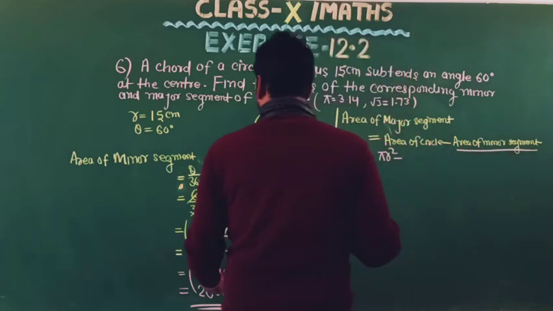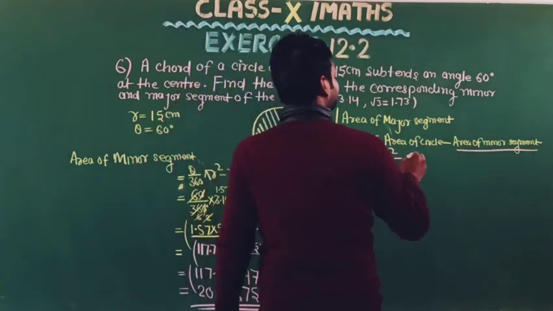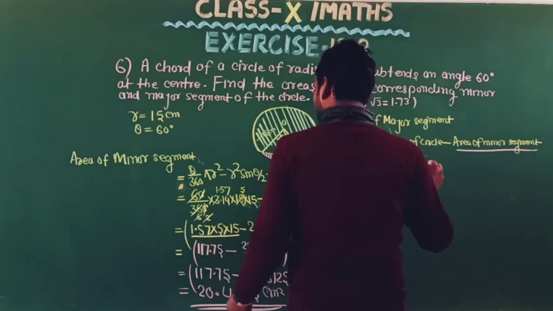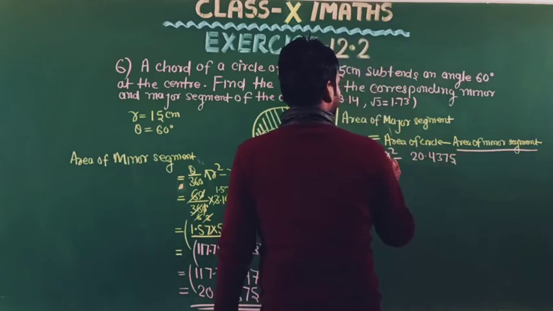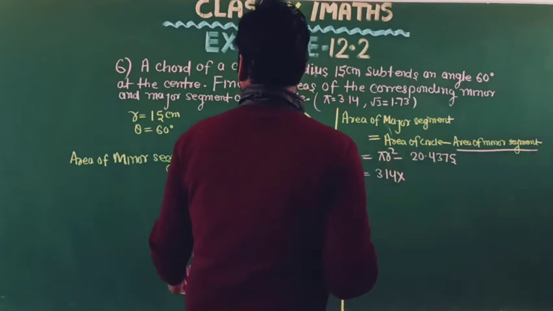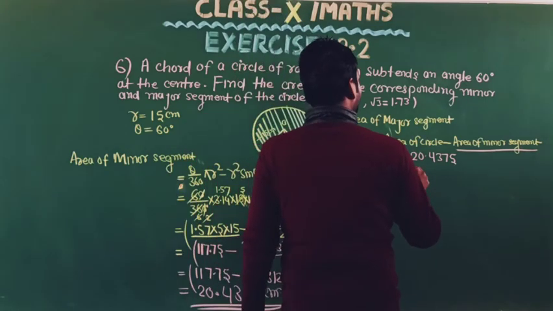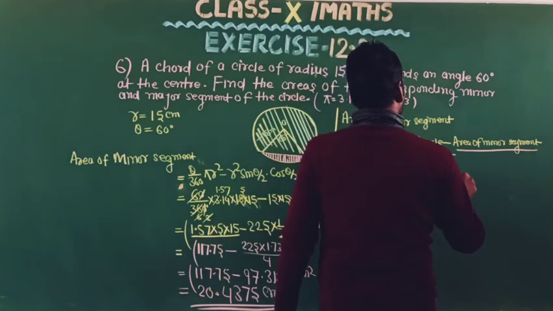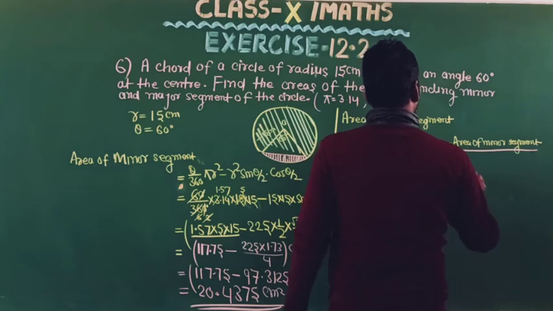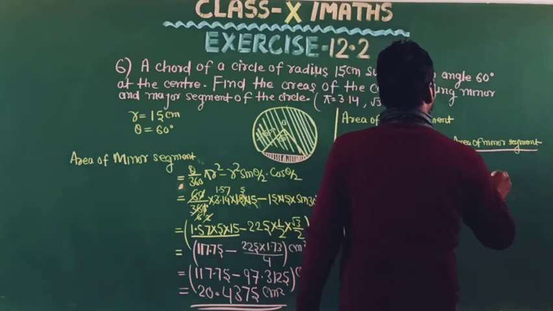We have found the area of the minor segment, which is 20.4375. Here pi is 3.14 and radius r is 15. So this is 3.14 into 15 into 15, minus 20.4375 centimeter square.